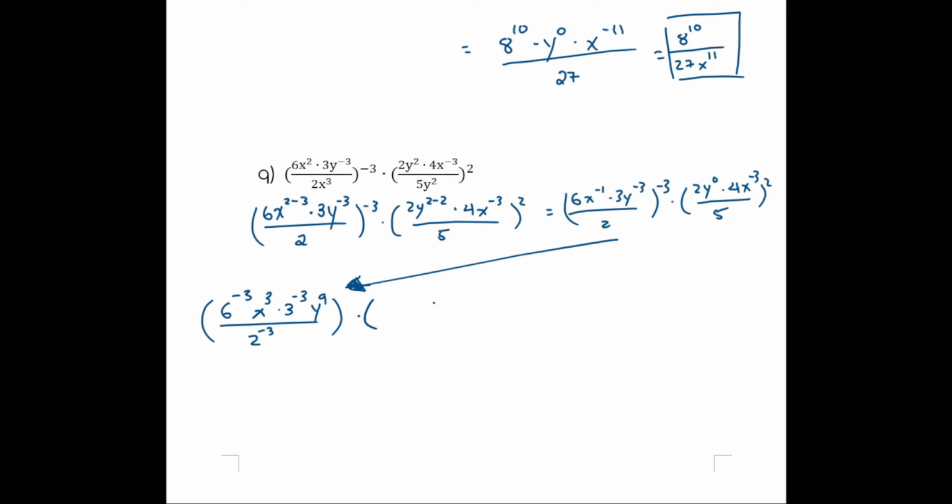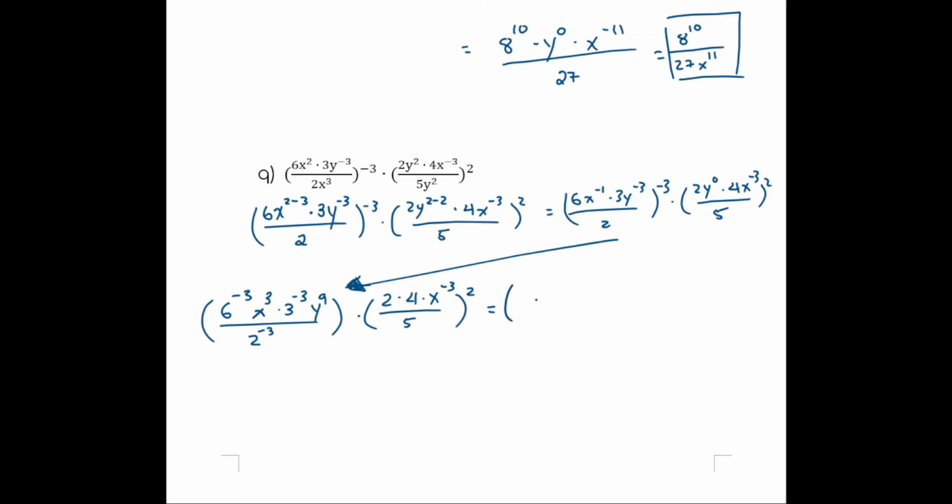And here we've got 2 times y to the 0, which is just 2 times 1, which is just 2, times 4 times x to the negative 3 over 5, all to the power of 2. All right, so we've distributed this negative 3. Let's distribute that 2 as well.